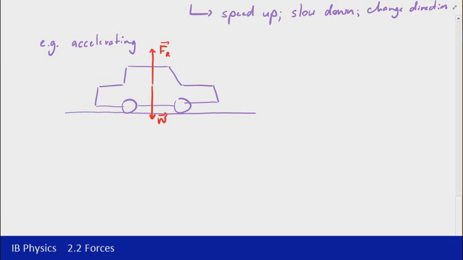In this case though, if it's accelerating, if our frictional force is that one there, for it to be accelerating it means there needs to be an unbalanced force. You can see I've drawn this arrow significantly longer than the frictional force, just to really accentuate the point.